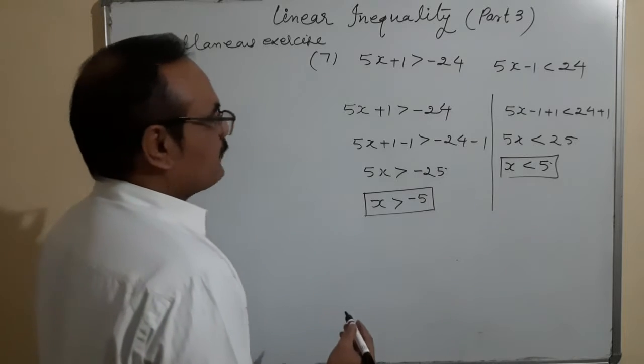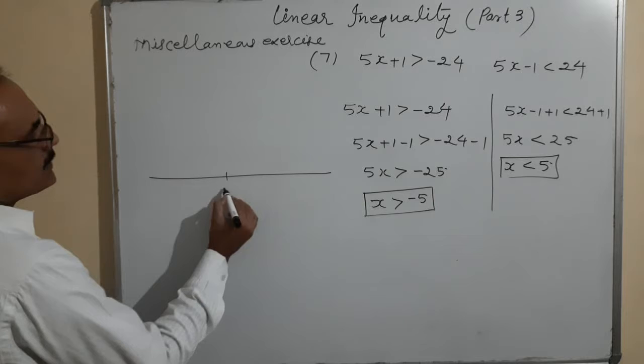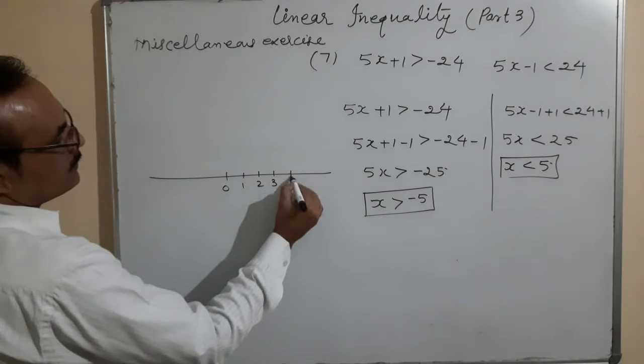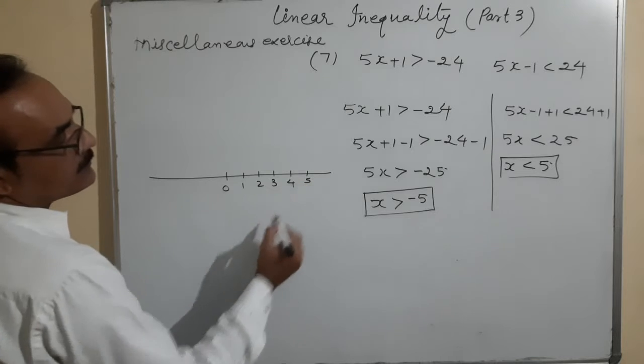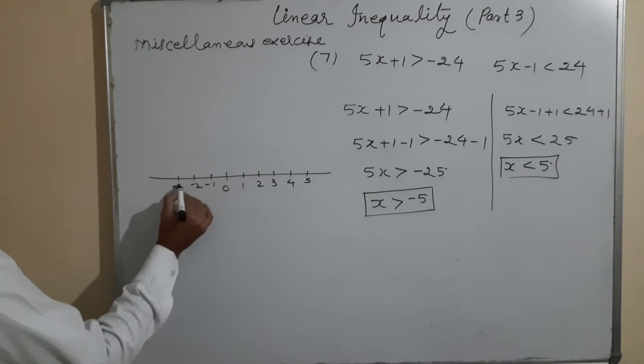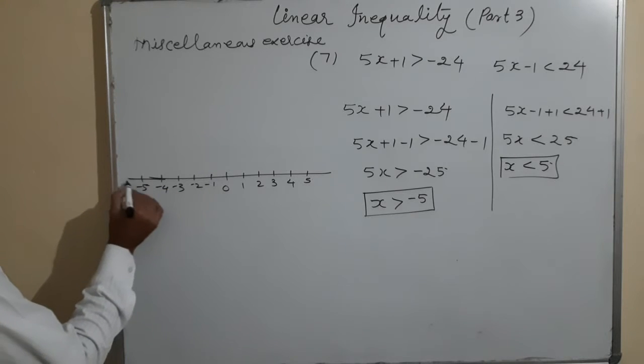So on the number line, if you want to represent, how to represent it? So number line 0, 1, 2, 3, 4, 5 and minus 1, minus 2, minus 3, minus 4, minus 5. Okay.